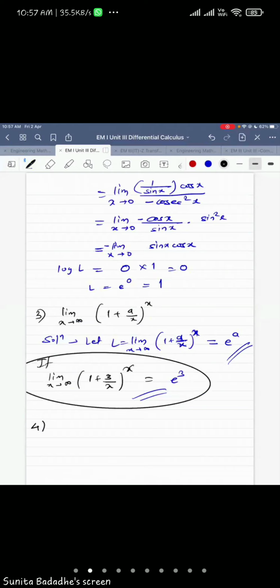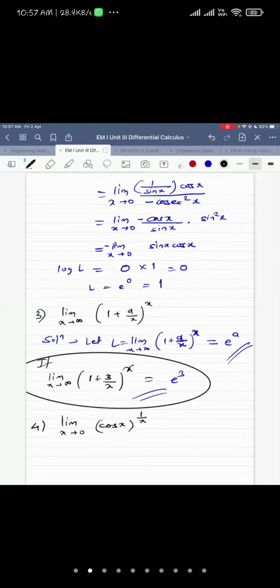Fourth question is limit as x tends to 0 of (cos x) raised to 1 by x. Now, what form is it?